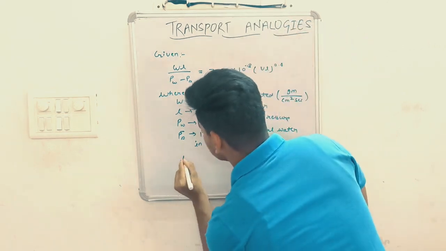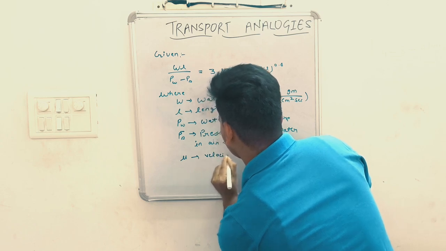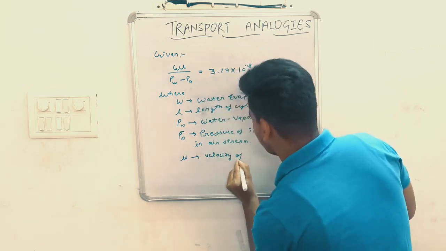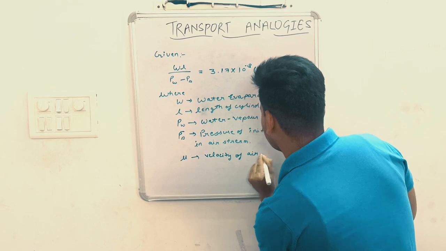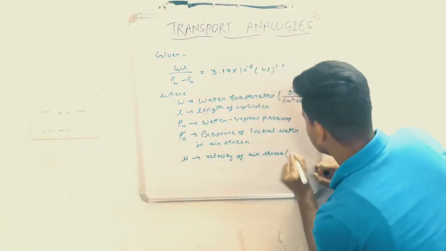And U is defined as the velocity of air stream, which is in centimeter per second.